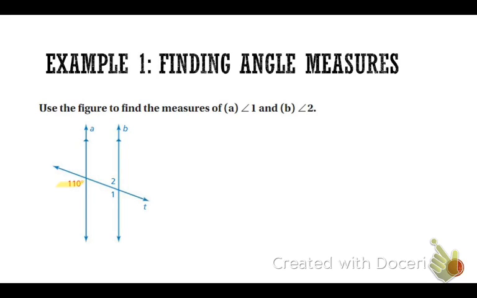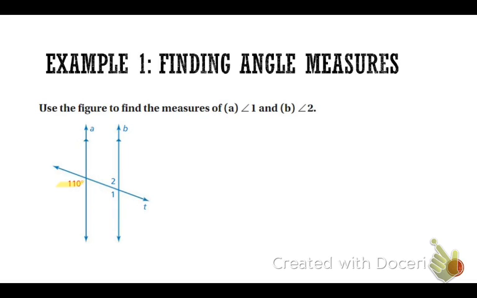So 110, hold on now. 110, is it physically connected to either one of these angles? No. So there's no way that it's vertical because it doesn't share a common point. They're not even connected. There's no way it's supplementary because, again, they are not connected at all. 110 is not connected to these points. But angle 1 is corresponding to the 110 angle.